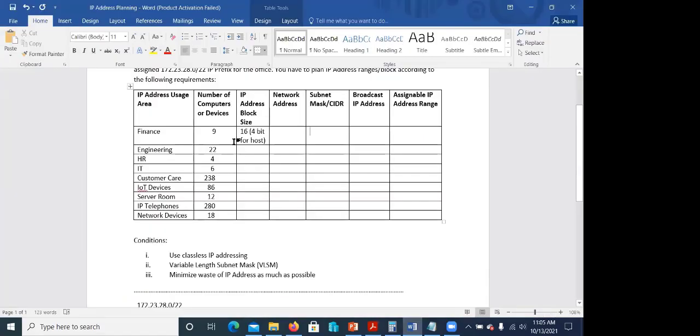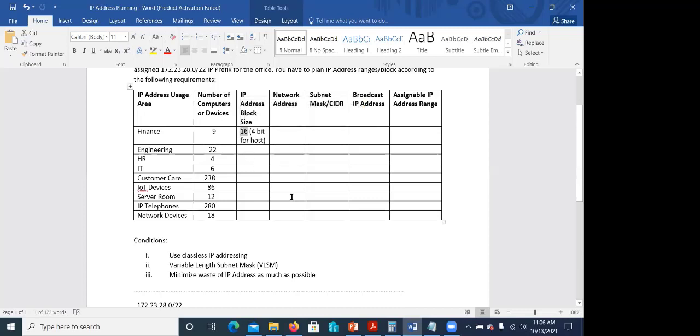Okay. What I was talking about: for the first item, the finance team has 9 computers. You have to plan IP addresses for this team. How many IP addresses are required? 16.